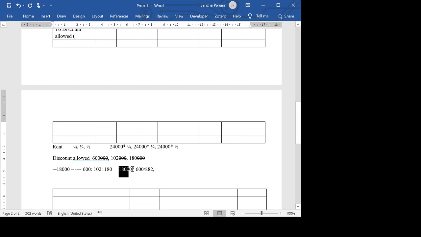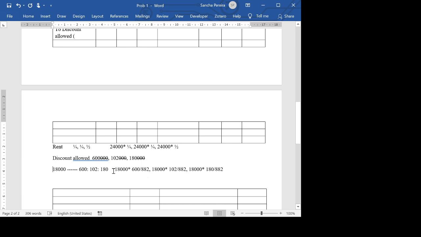Then 18,000 into 102 and 18,000 into 180. I've saved you the time of reducing this. You can take this as it is, or if you have time, you can reduce it also.